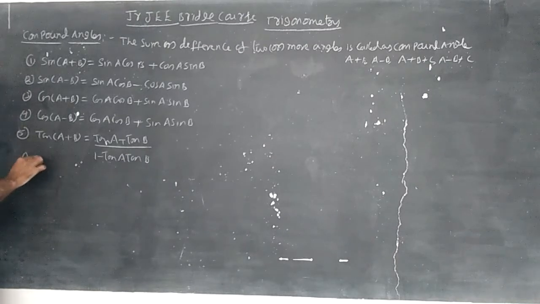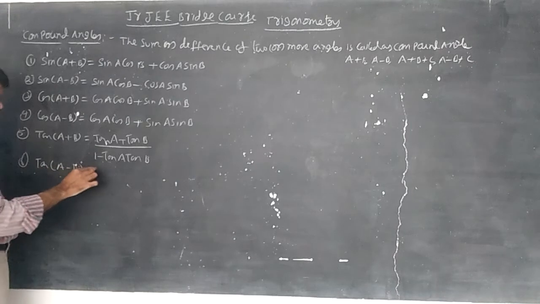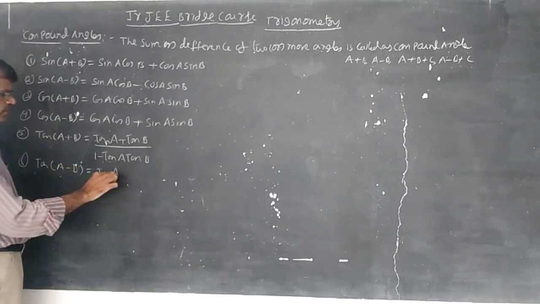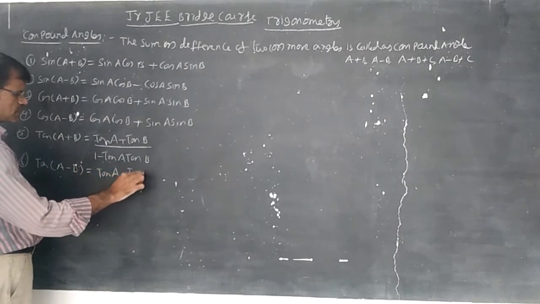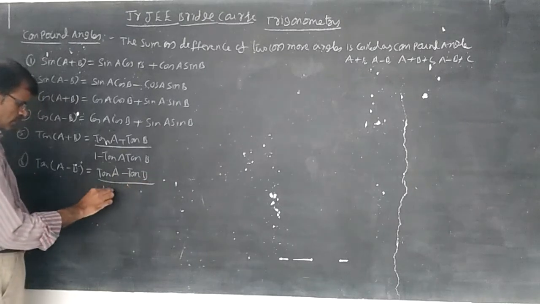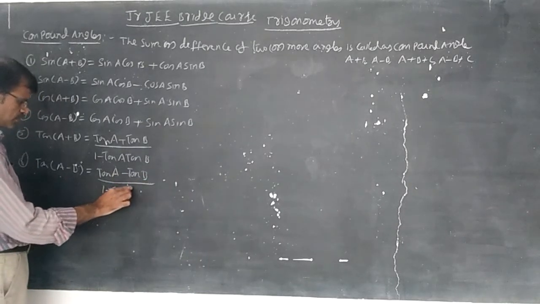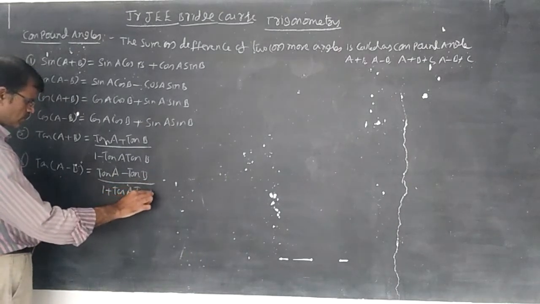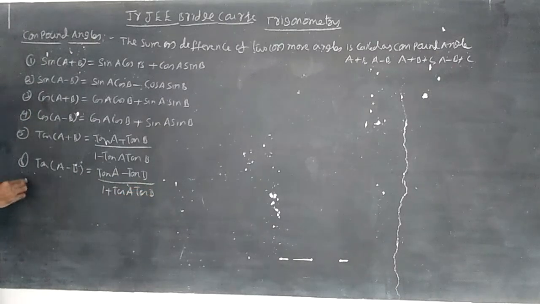Next one, tan of a minus b. The formula is tan a minus tan b by 1 plus tan a tan b. Seventh one, cot of a plus b.